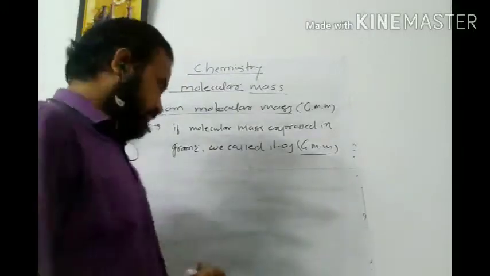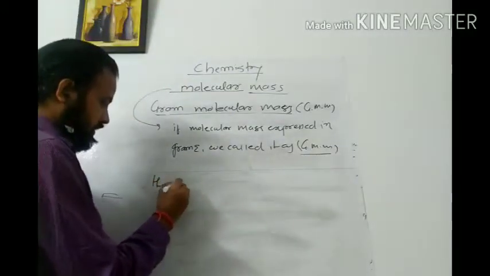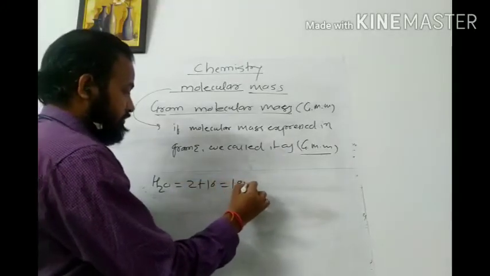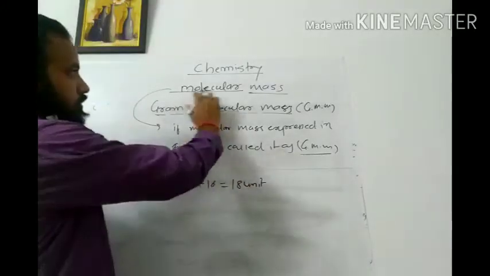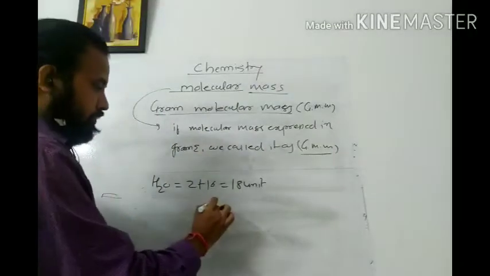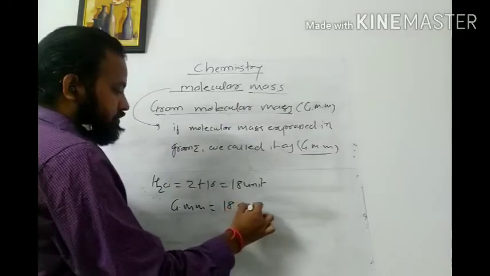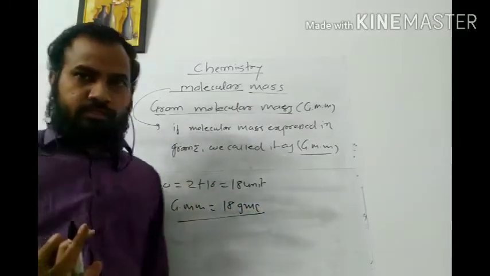So for example, in case of H2O, we have two atoms, 1 into 2, plus 16, so 18 unit. If 18 unit is the molecular mass of water, its gram molecular mass is equal to 18 grams. So this is how simple it is.